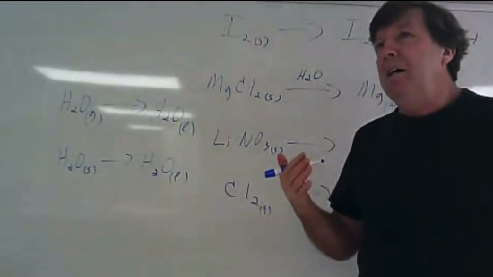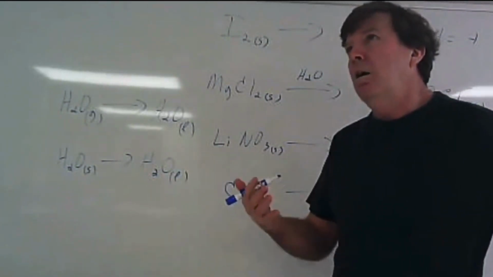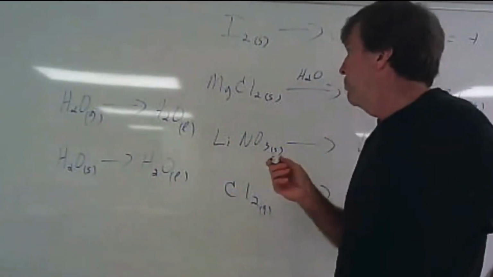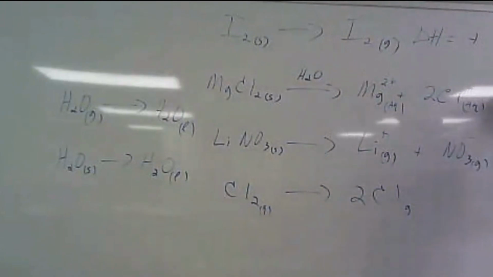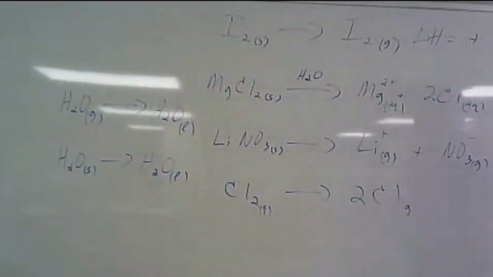What is the delta H of hydration for all hydration processes? Negative. Delta H negative.